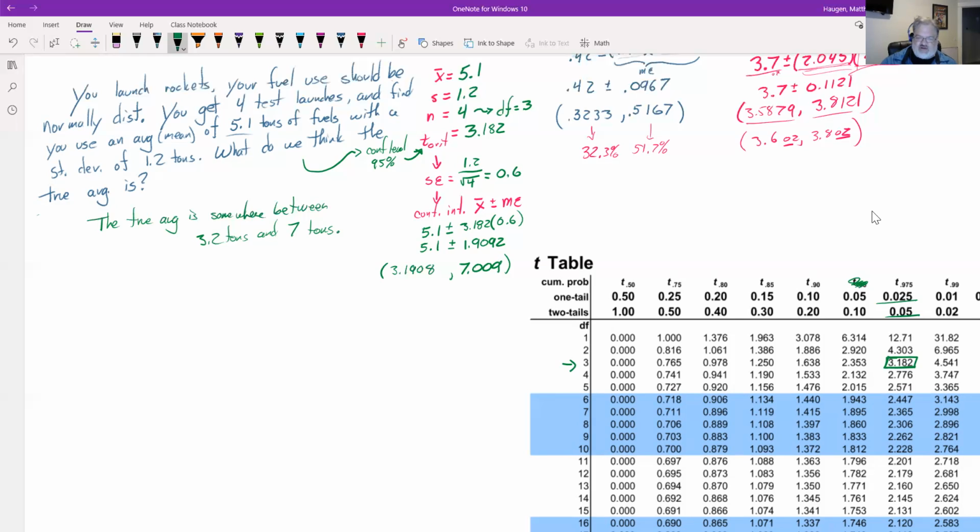You'll get more and more accurate every time we launch, because these 2 values should become more accurate. And that critical value will get smaller because our degrees of freedom will increase. We'll move down this chart as we get more and more samples.